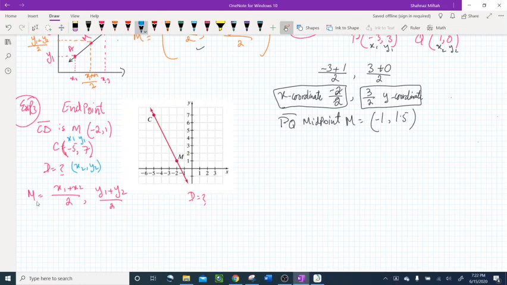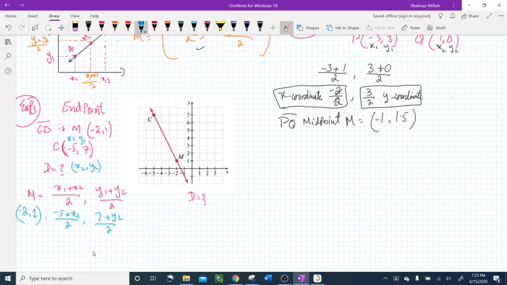The midpoint is -2, 1, so I'm going to replace M with -2, 1. Let's plug in as it is: x1 is -5 plus x2 that I don't have, over 2, comma, y1 is 7 plus y2 over 2. So this is what I got so far.